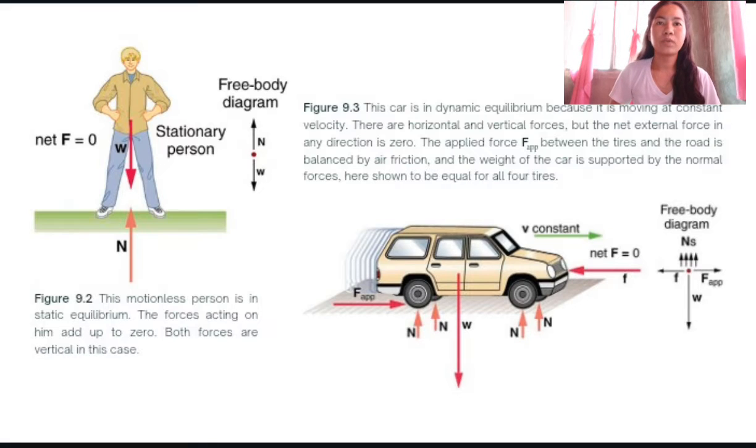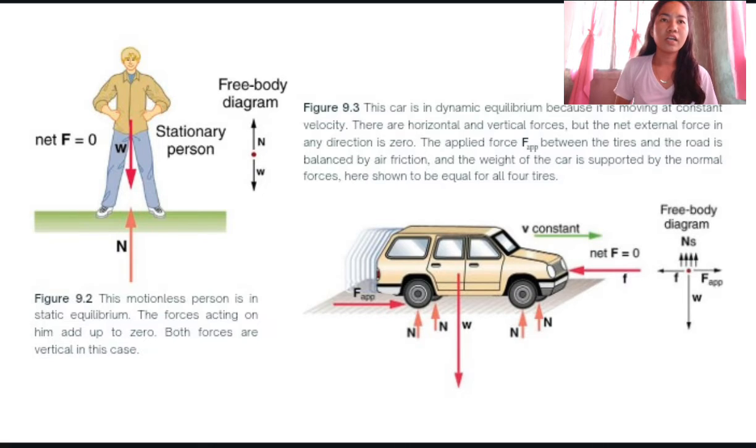For example, figure 9.2 shows a motionless person. The motionless person is in static equilibrium since the forces acting on him add up to zero. Both forces are vertical in this case, while figure 9.3 shows dynamic equilibrium.